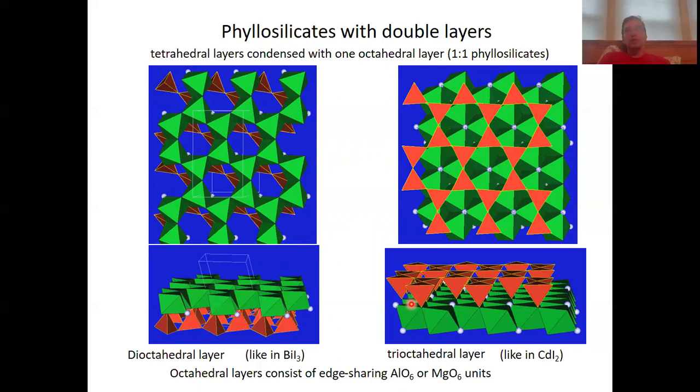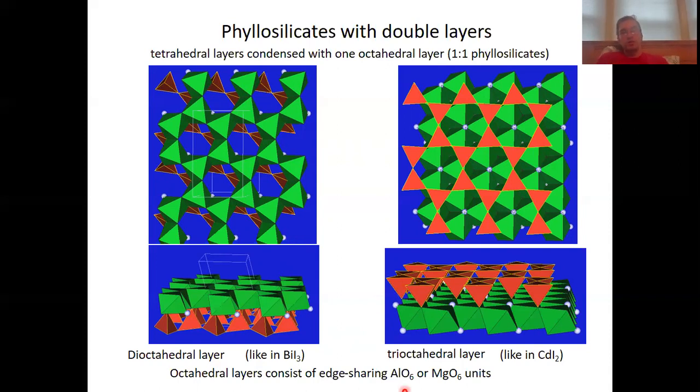Now we can also have phyllosilicates in which a tetrahedral layer is condensed with an octahedral layer, whereby in the octahedral layers we would have either magnesium 2+ or aluminum 3+.